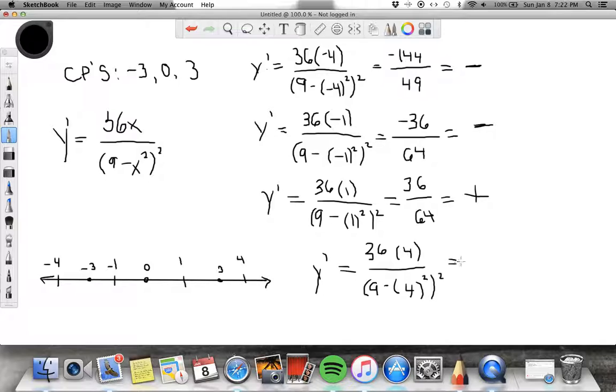That simplifies to 144 over 49, and that will give you a positive answer.